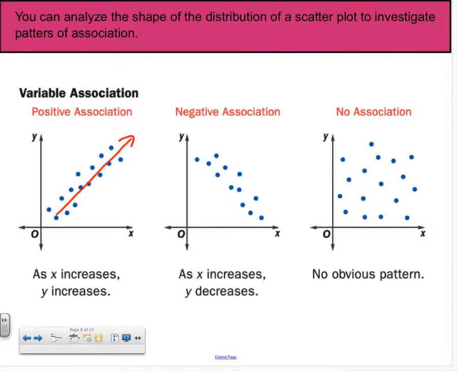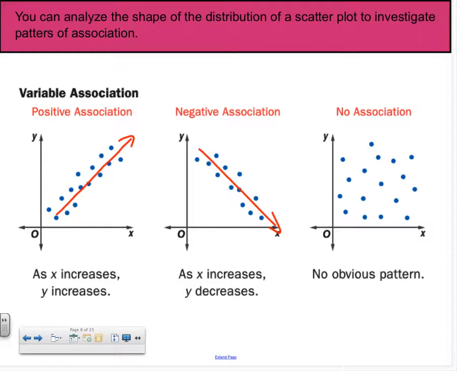It looks like they're all kind of trending that way. When we have a negative association, that means all our dots seem to be in a downward trend. They all seem to be trending that way. And then no association means there's no visible pattern at all. So if we were to look at a scatter plot, we would want to be able to see if there's any kind of association. Okay?